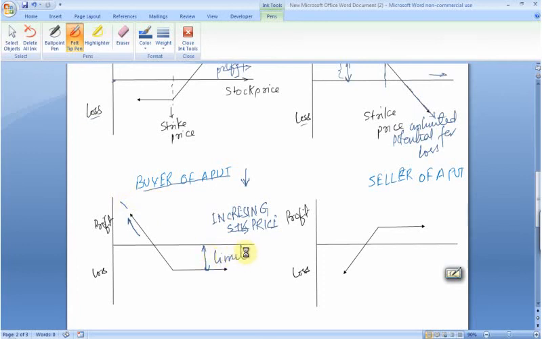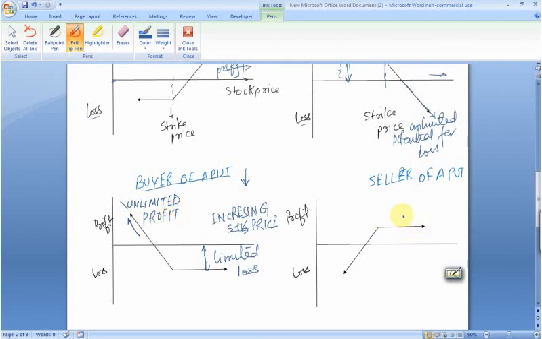He can only suffer limited loss, and that limited loss is the amount of money he has paid to buy the put, but his profit potential is unlimited, and the further the stock goes down, the more profit he will have.